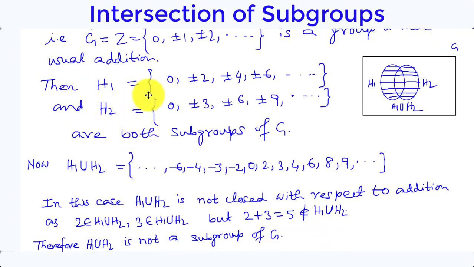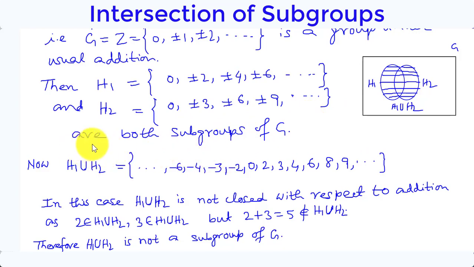Then H1 is equal to 0, plus minus 2, plus minus 4, plus minus 6, and so on, that is H1 is multiples of 2, and H2 is equal to 0, plus minus 3, plus minus 6, plus minus 9, and so on, that is H2 is equal to 3Z.